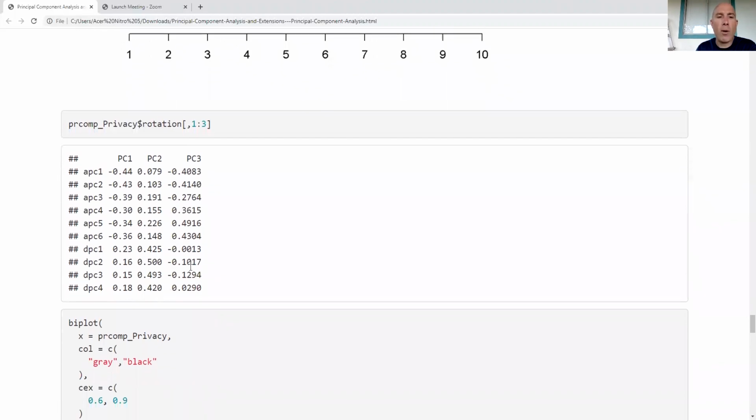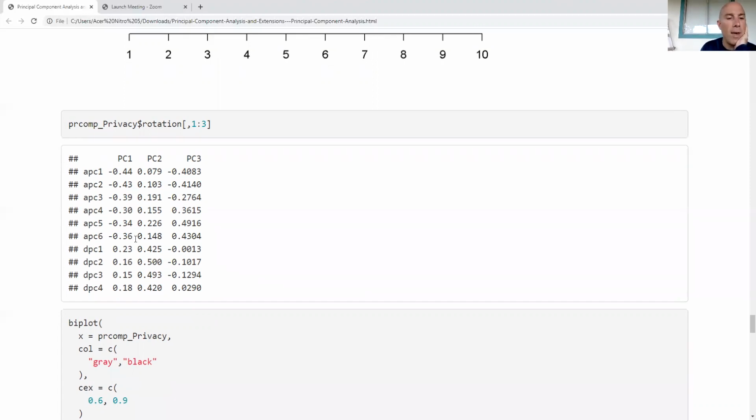All right, so now we can look at our rotation. And so the rotation matrix tells me what the loadings are, how important is each item inside each of the principal components.